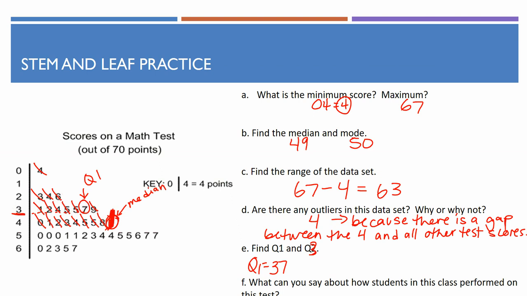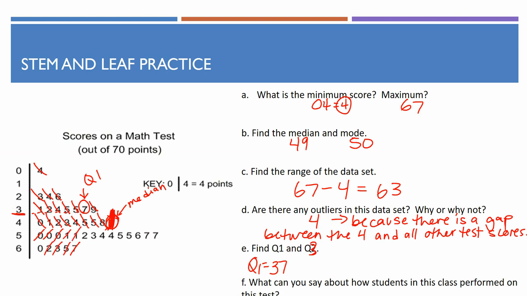And then to find Q3, you do the same thing, but again, for the upper half of the data. So start at the median, and you want to find the center of the upper half of the data. So the lowest number in the upper half of the data is a 50, and then the highest one is a 67. Another 50, a 65. Another 50, a 63. A 51, a 62.